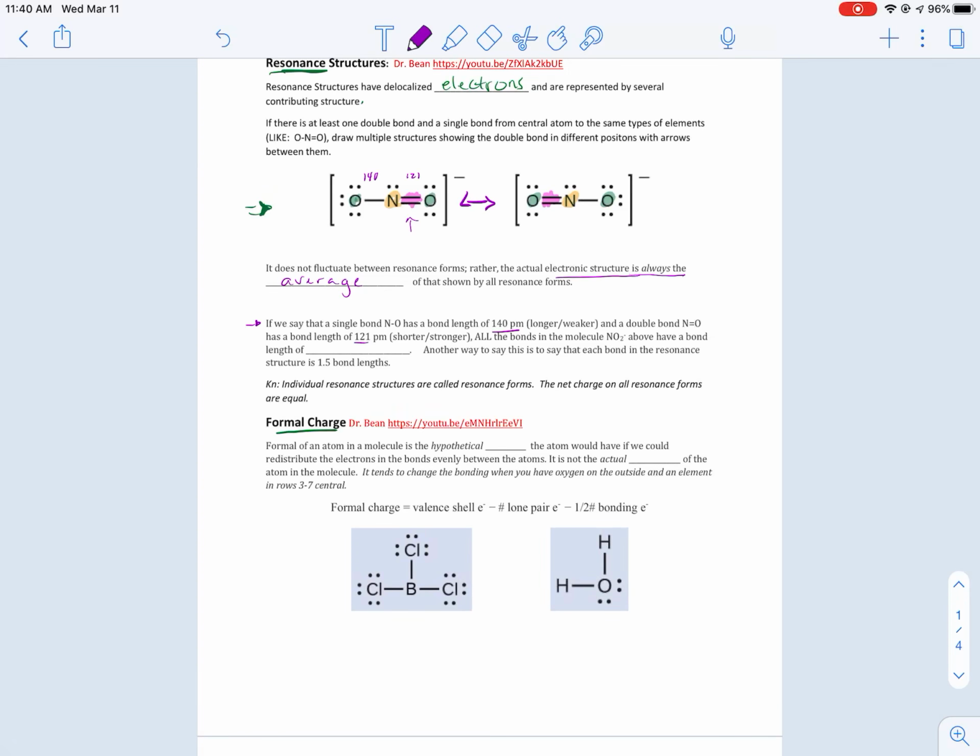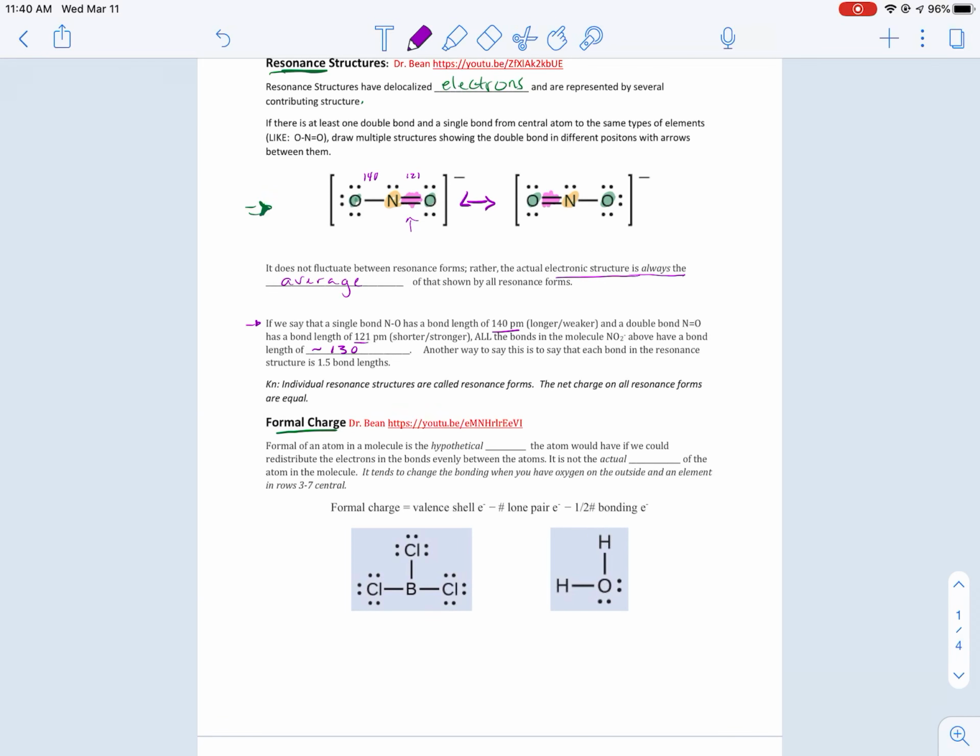What we found is that when you measure these in real life, they are neither 140 nor 121. It's the average. All the bonds in the NO2 molecule have a bond length of about 130. If you Google it, you can get numbers that vary, but they're about 130.